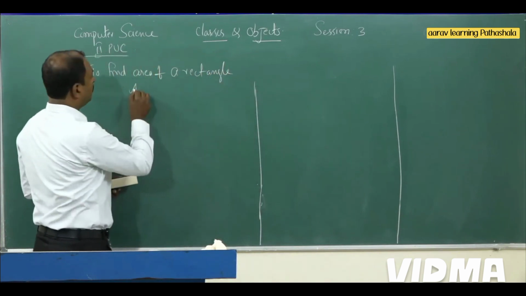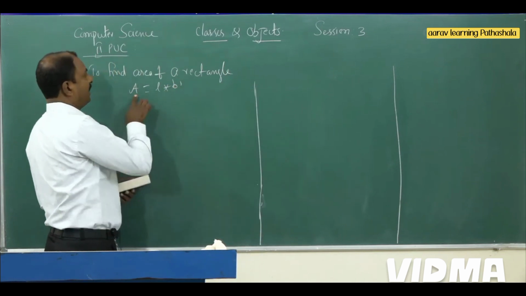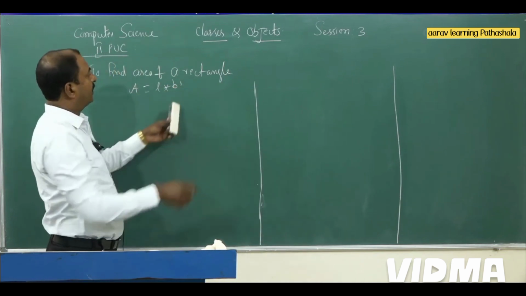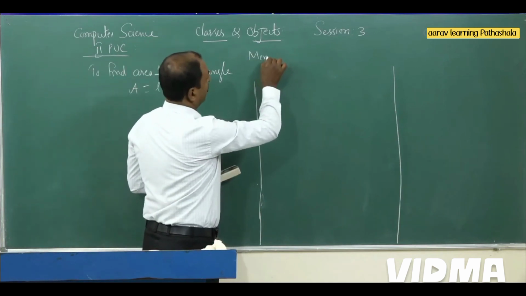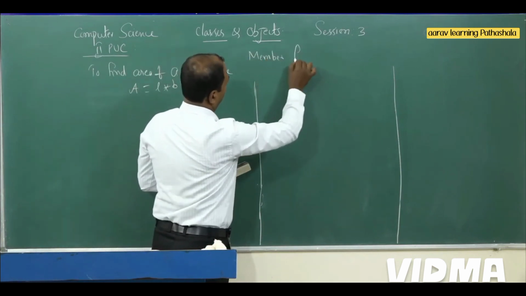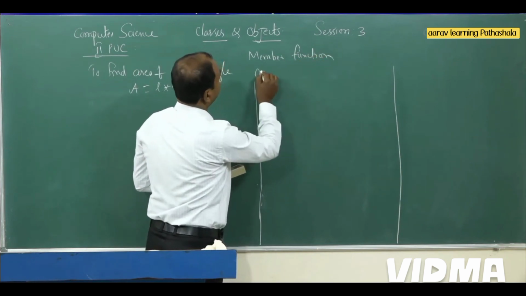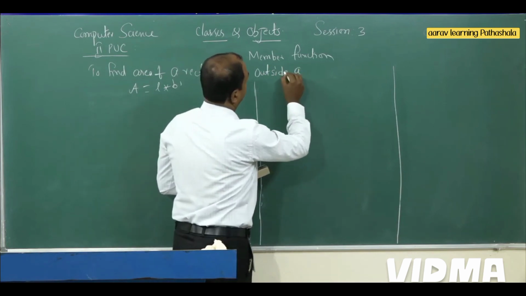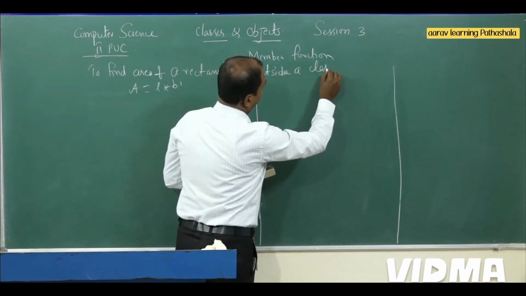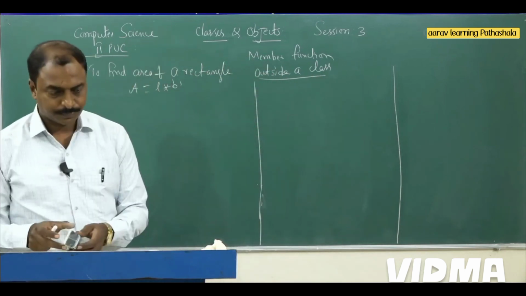You know the formula, A equals L into B, where A is area, L is length, B stands for breadth. And this is an example for a member function outside a class. Let us write the program.